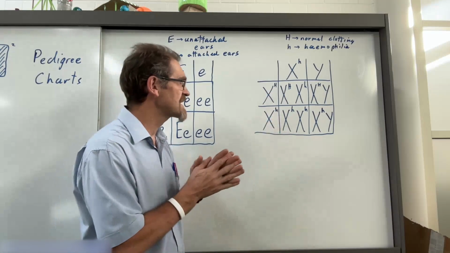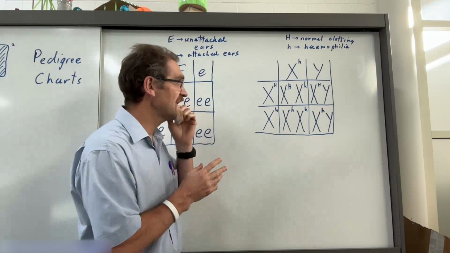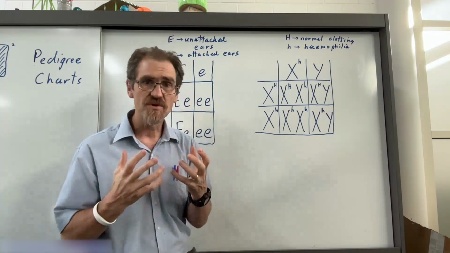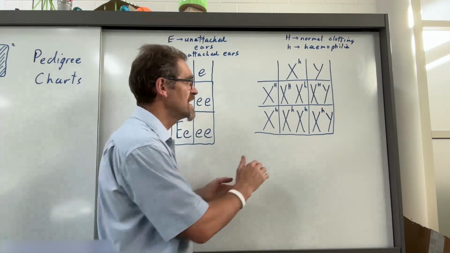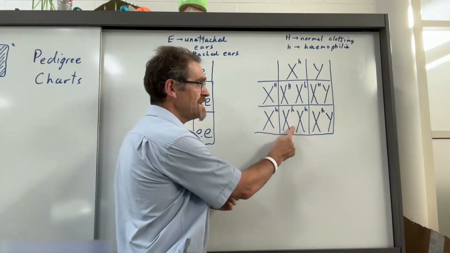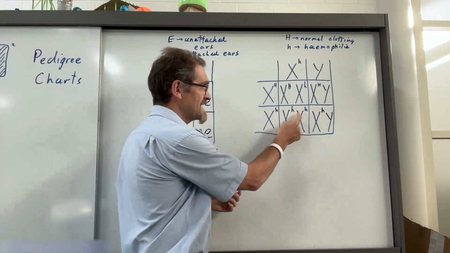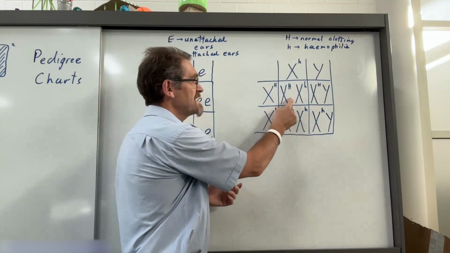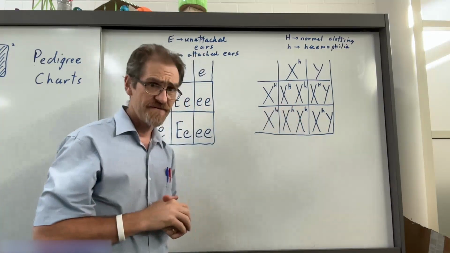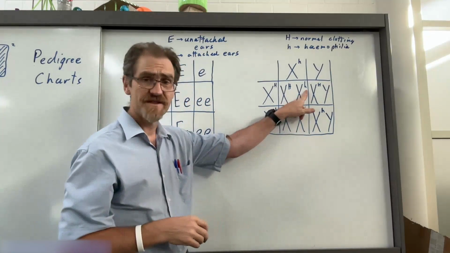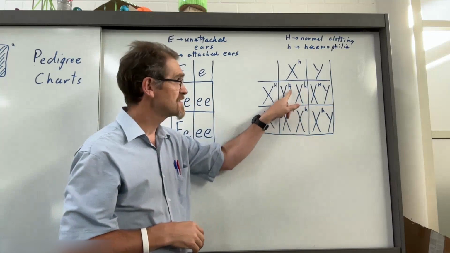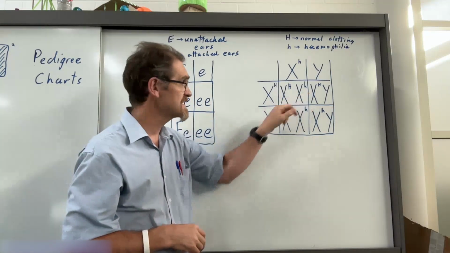When we see this combination happening, we see that the possible children that might come out of this union are going to be female haemophiliac, two lowercase h's there. Female, not a haemophiliac, but a carrier of the condition. Not demonstrating the condition, but a carrier of the condition.